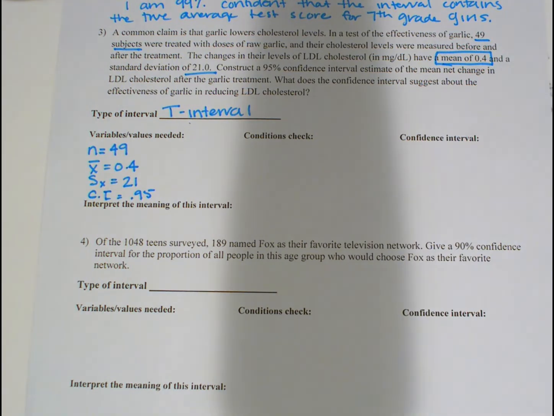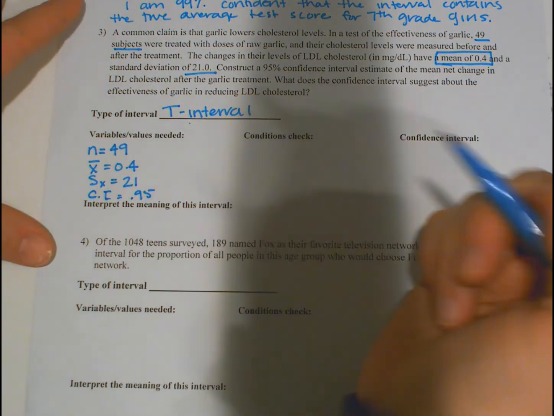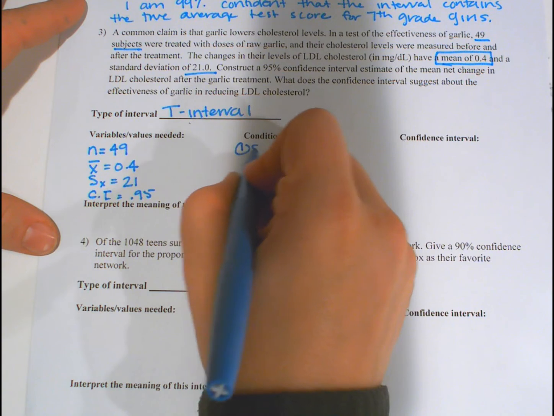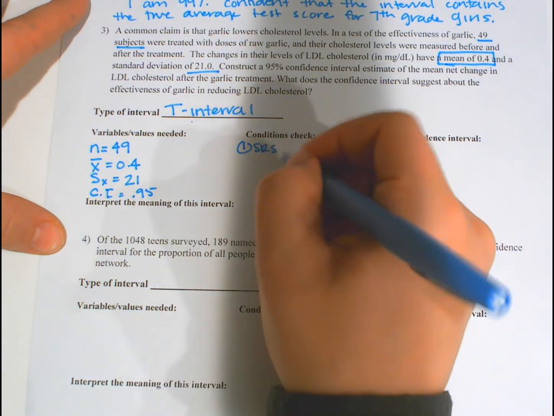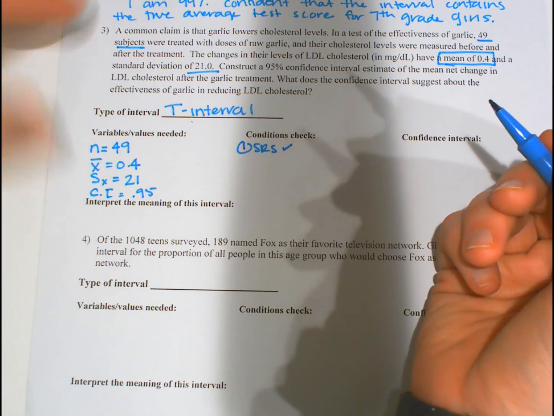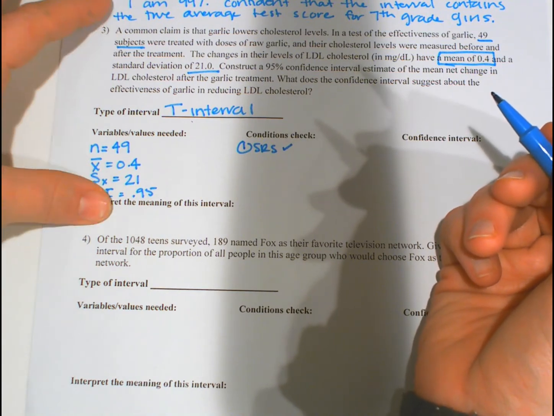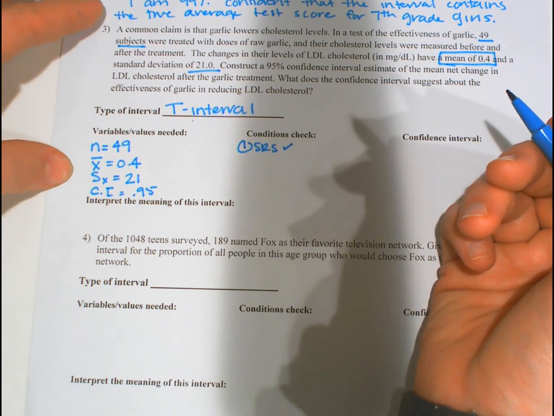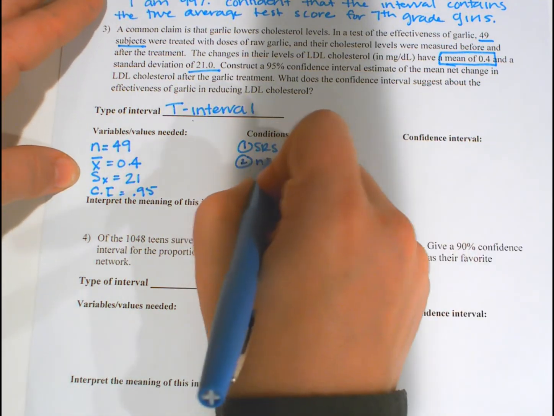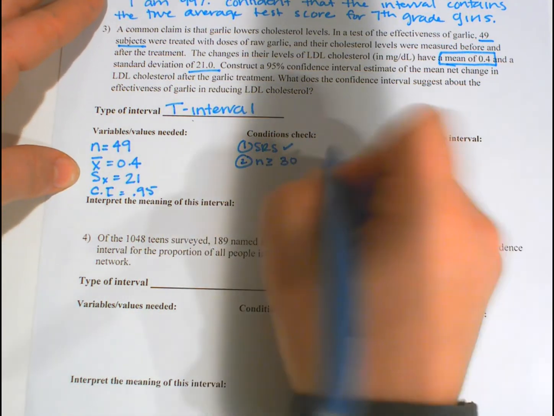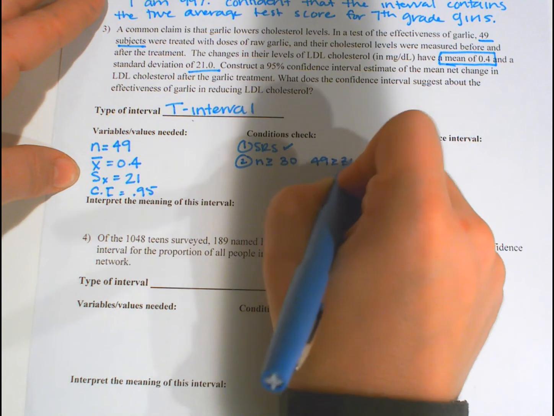Now when I go to check my conditions, first I want to know if it's a simple random sample. We will assume it is, even if it doesn't say that it is, because if you're going to run a study, it's widely assumed you're going to run a simple random sample. Then I need my n value to be greater than or equal to 30, and 49 is.